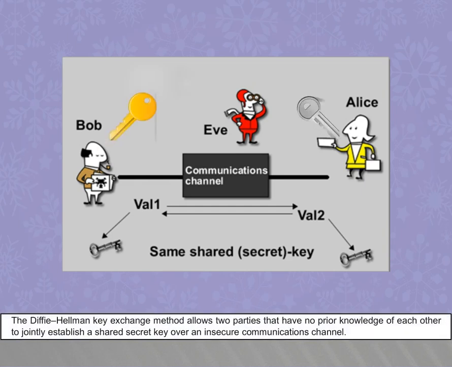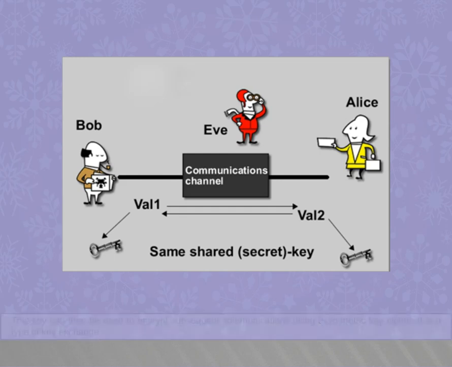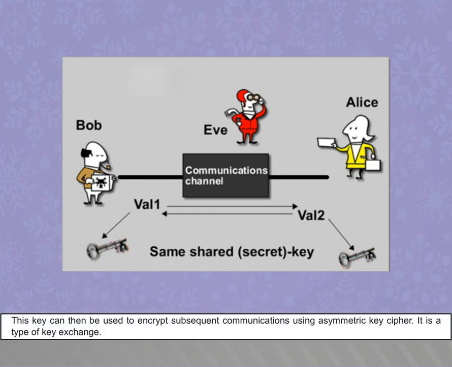The Diffie-Hellman key exchange method allows two parties that have no prior knowledge of each other to jointly establish a shared secret key over an insecure communication channel. This key can then be used to encrypt subsequent communications using a symmetric key cipher. It is a type of key exchange.